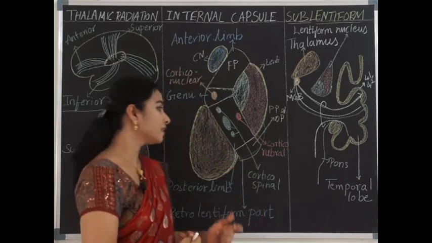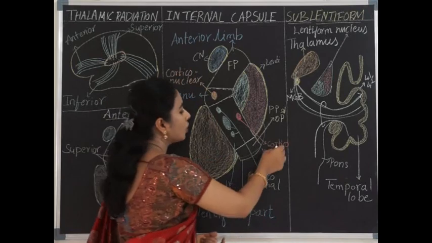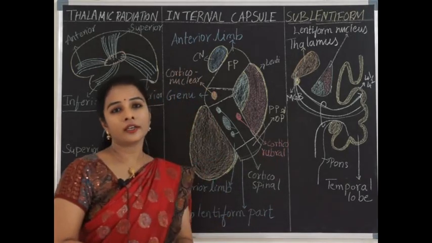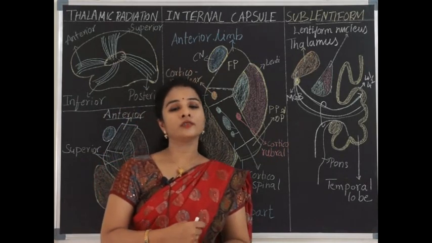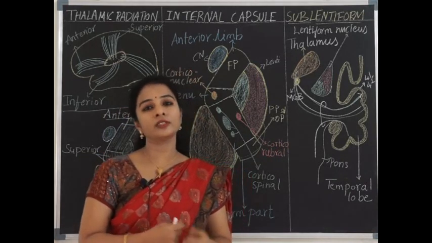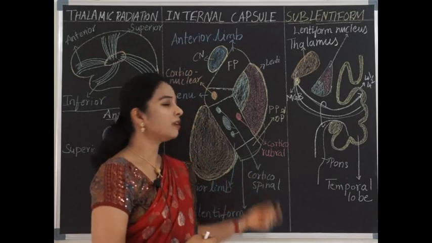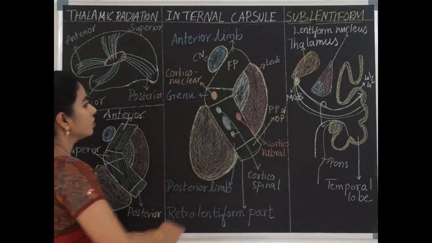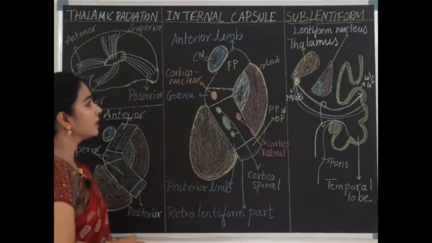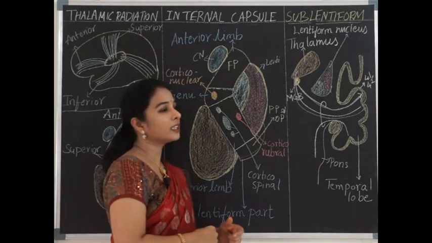So these are extrapyramidal fibers. Corticorubral, corticonigral and corticostriate, all these are extrapyramidal fibers which descend towards the brain stem, mainly to the midbrain.